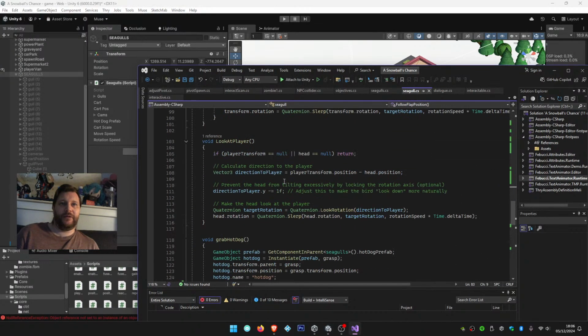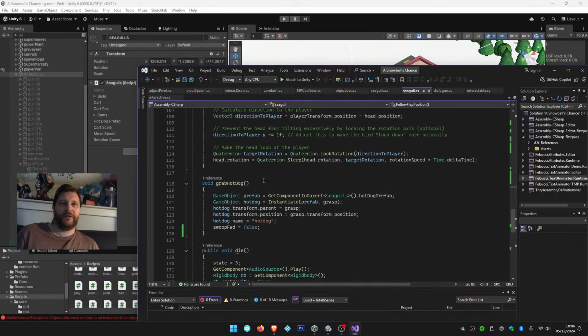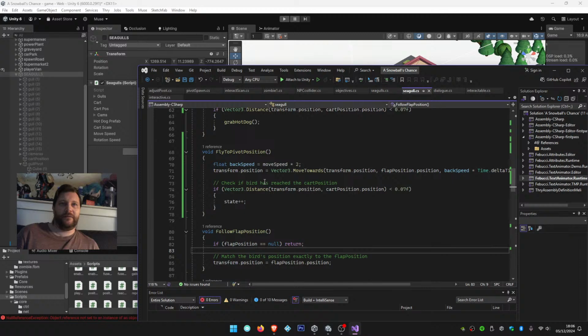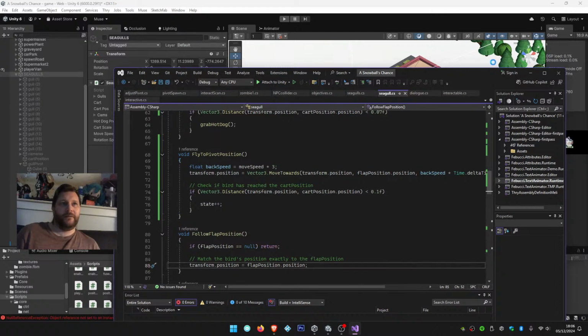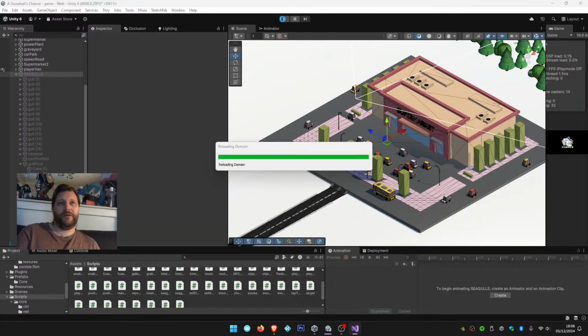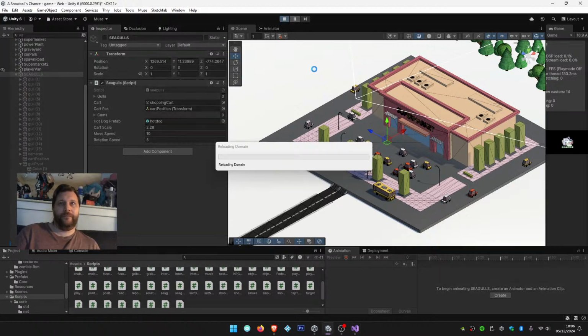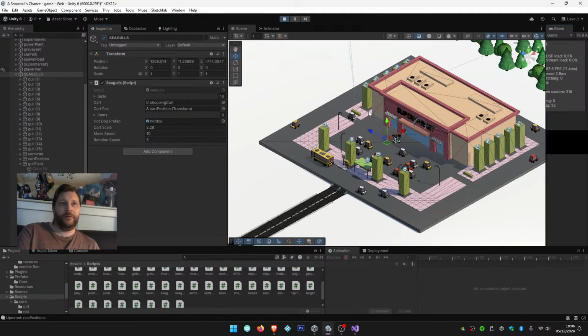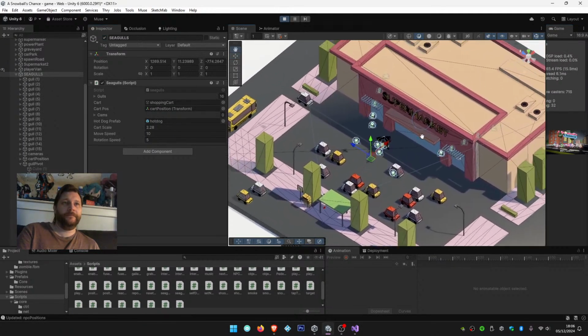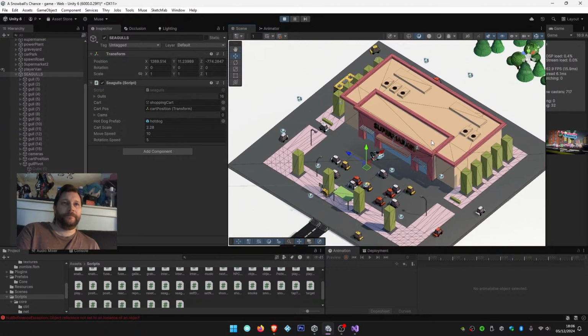Might be too quick. I'm gonna do 2.5. Let's try it at 3 first. Where the hell is it? 3 times speed. I need to increase that to be safe. Okay. Let's see it. Yeah, I like that. That's fine.